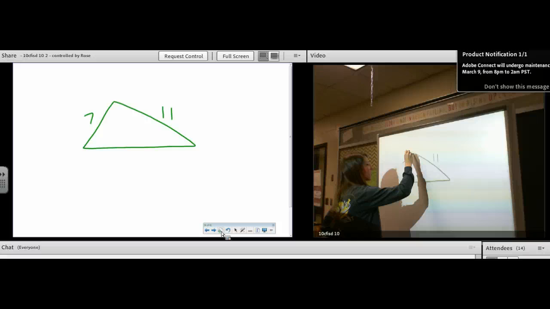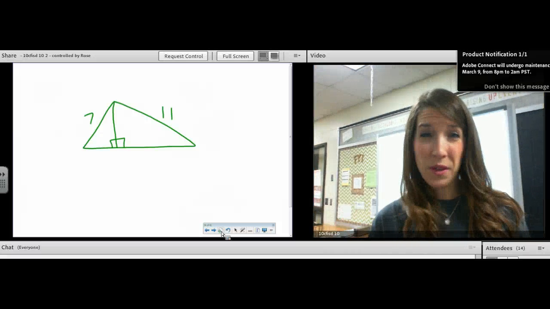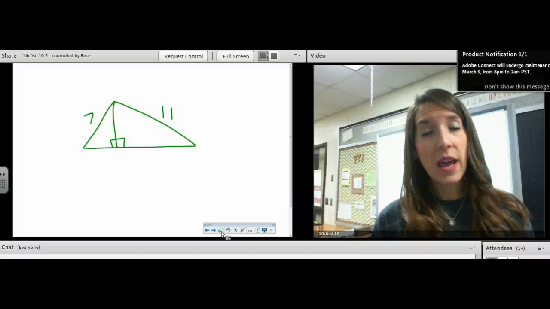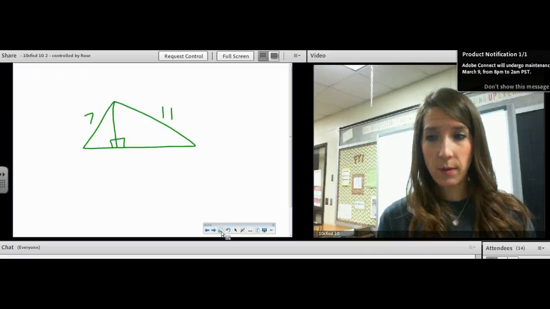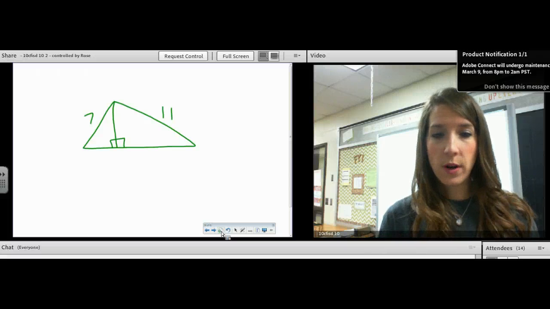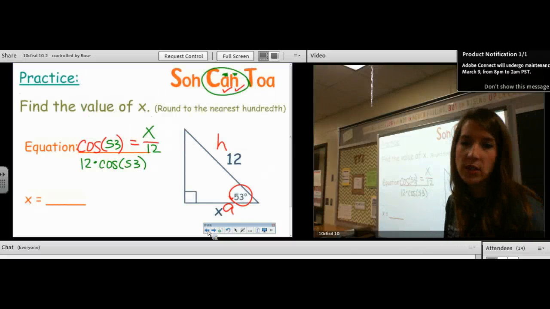Does that make sense? So trig only works on right triangles. That doesn't mean if I give you a triangle that's not a right triangle, you can't solve for it. It just means you need to draw an altitude to turn it into a right triangle. Okay. So was the answer 7.2? Are we good with that?